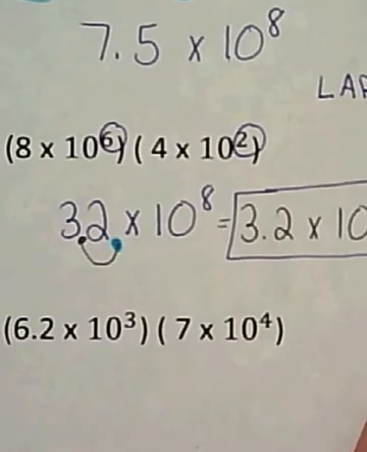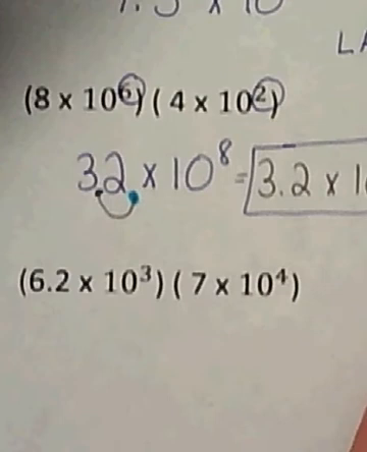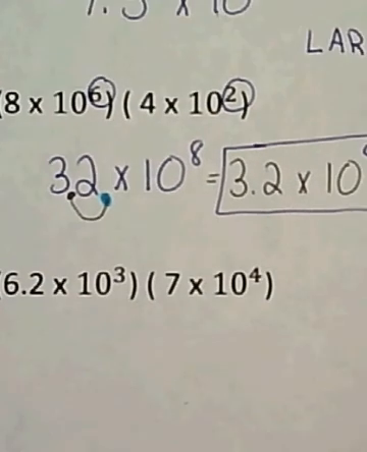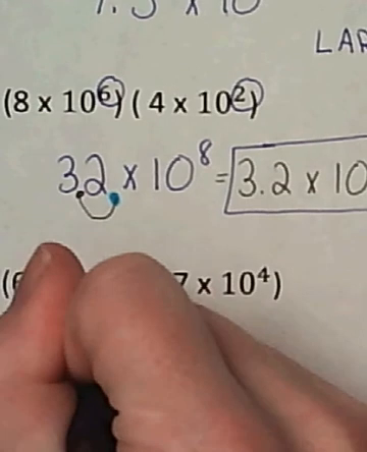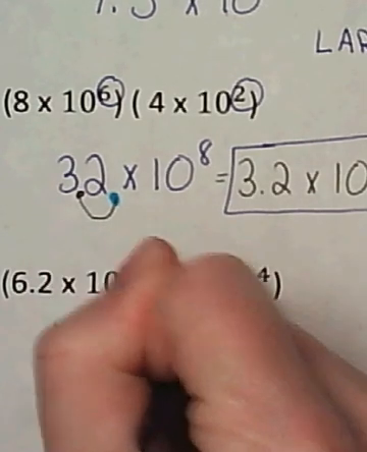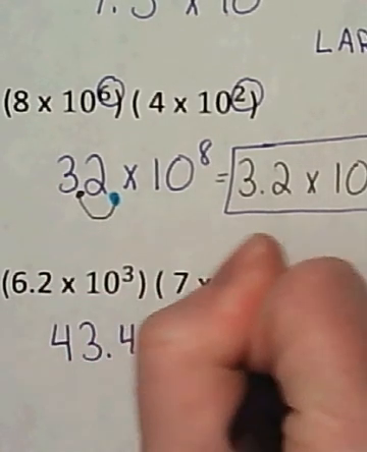Okay, let's try one more right below it. We'll use that one as an example. So here we have 6.2 times 10 to the third and 7 times 10 to the fourth. If you notice here, I can just multiply 6.2 times 7, and I would get 43.4, and that's times 10 to the 7th.